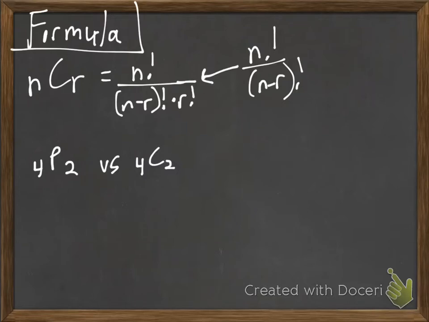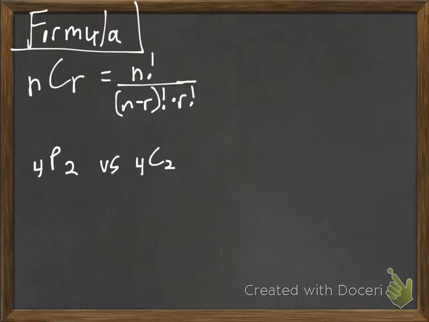The one difference between these two is this times r factorial. And the reason that's there is for those doubles. So what we've essentially done is we've taken the permutation formula and then thrown in this times r factorial here to get rid of our doubles.